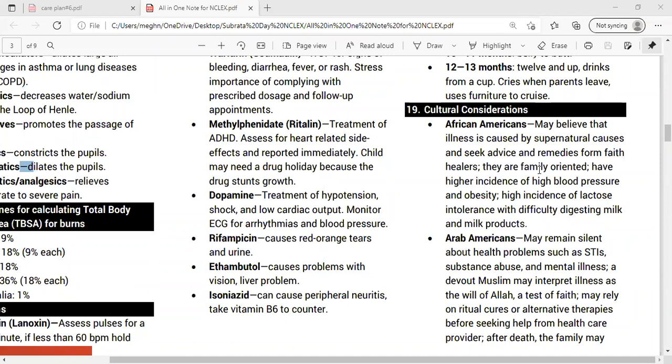They are family oriented and have a higher incidence of high blood pressure and obesity. So hypertension, cardiac disease, and obesity incidence rate is higher in African Americans. Also a high incidence of lactose intolerance, with difficulty digesting milk and milk products.